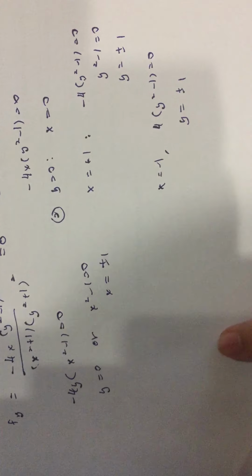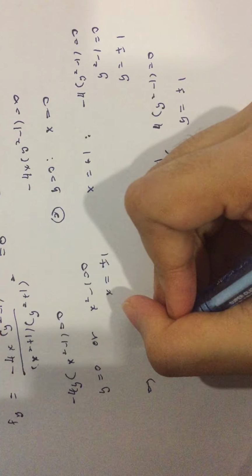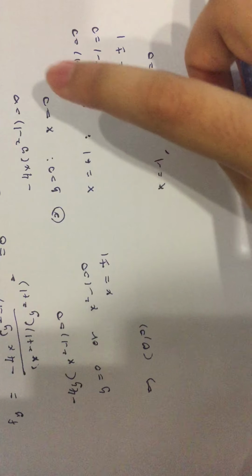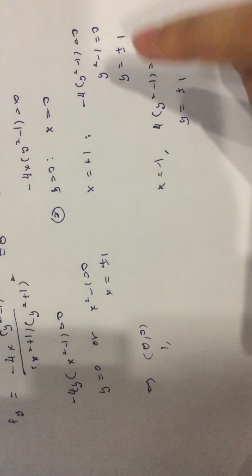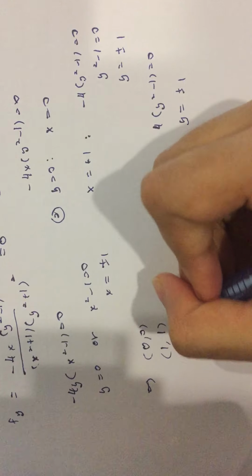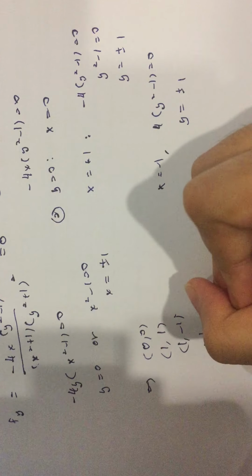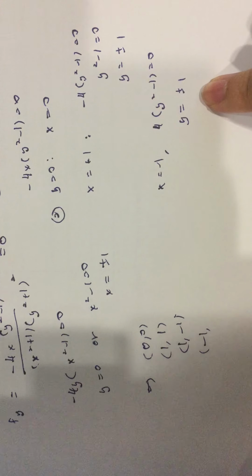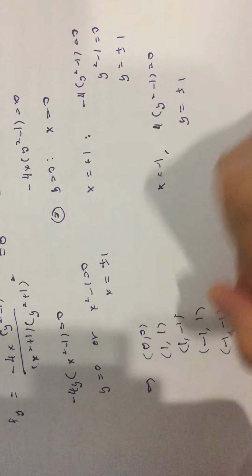So if we list out all these points, we have first x equals 0, y equals 0, and then second x equals 1, y equals plus minus 1, so 1, 1, and then 1, minus 1, and then when x equals minus 1, y also equals plus minus 1, so minus 1, 1, minus 1, minus 1.